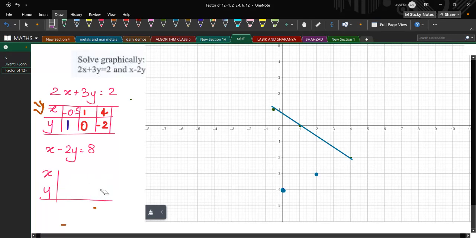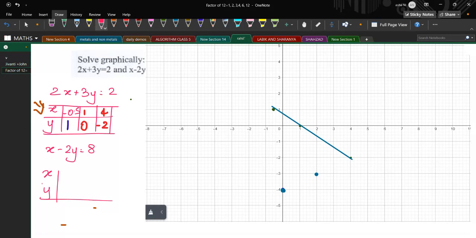Chalo, let's change. Let's take y as 0, 1 and 2. So 2 into 0 is 0. So x will be 8. If I take 1, 2 ones is 2, that is minus 2, so it will become 10. Then 2 twos are 4, 8 plus 4 is 12. Chalo.